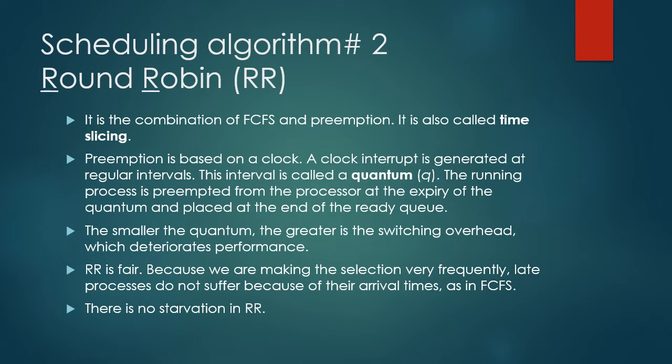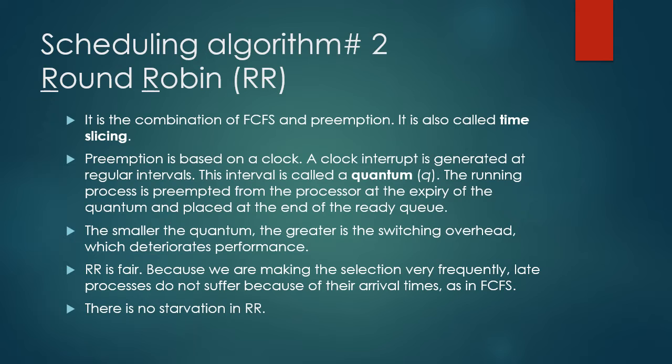The smaller the quantum, the greater is the switching overhead. Switching overhead refers to the time the dispatcher takes in selection of process. The more we switch, the greater the switching delay. So small time quanta lead to a lot of dispatching, which deteriorates performance.